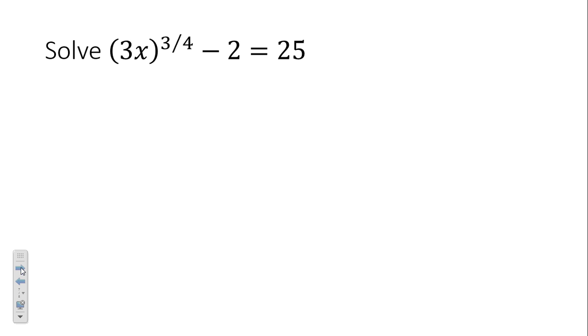Let's write it as something that we can recognize. This is the 4th root of 3x all to the 3rd power. Does that look like something more manageable or something we're at least familiar with? Okay. It has a minus 2 hanging out with it, and we've got a 25 on the other side.